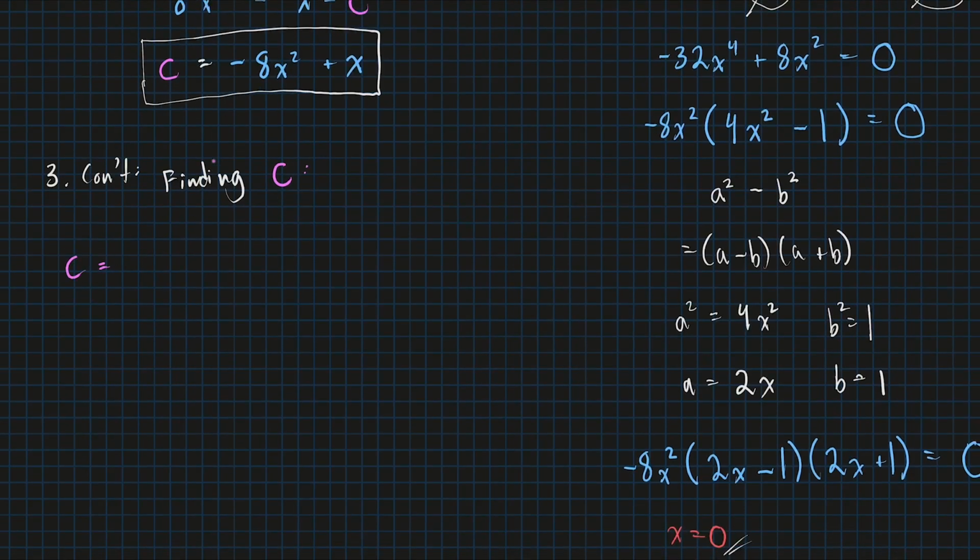So c is equal to, let's do case 1, where x is equal to 0. So this is x is equal to 0. We have negative 8 times 0 squared plus 0. Now, of course, this is negative 8 times 0 plus 0, and that is equal to 0. So 0 is a value that c can take on.